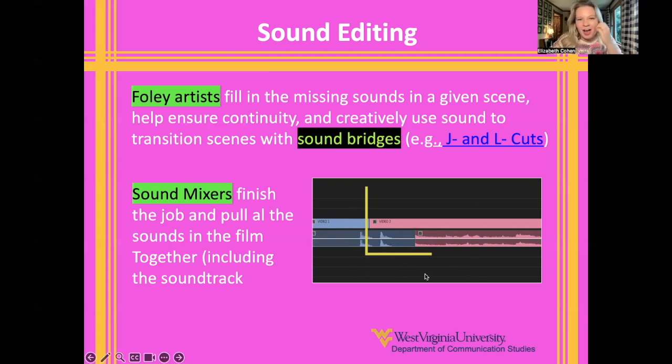Get it? It's where the sound starts coming in before you even see what's coming. You could call it a foreshadowing technique. So those are two different types of specific sound bridges, and I do think they have similar but perhaps different effects on how we interpret the sound.